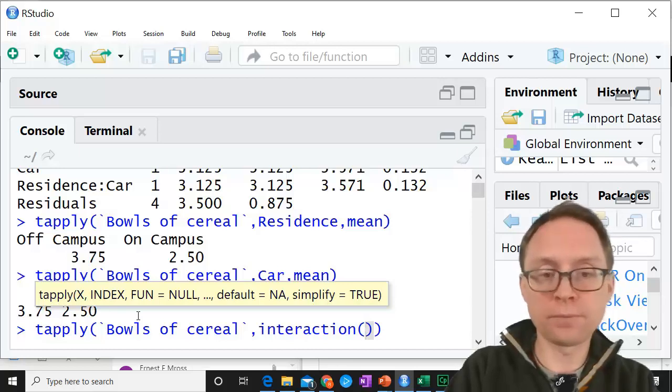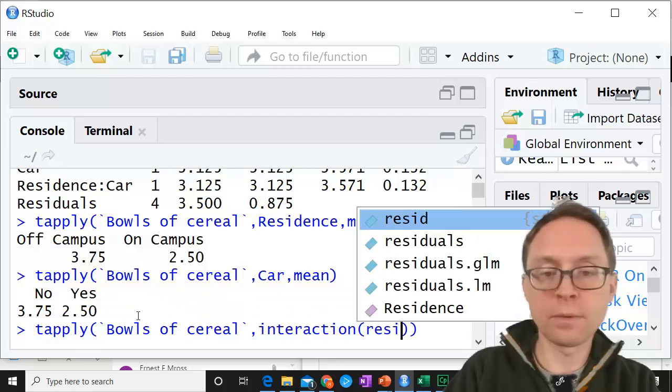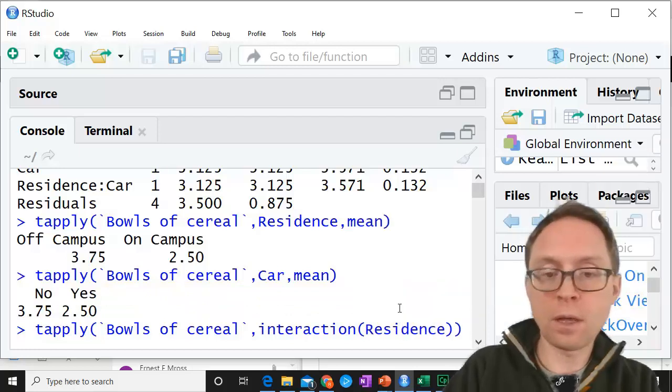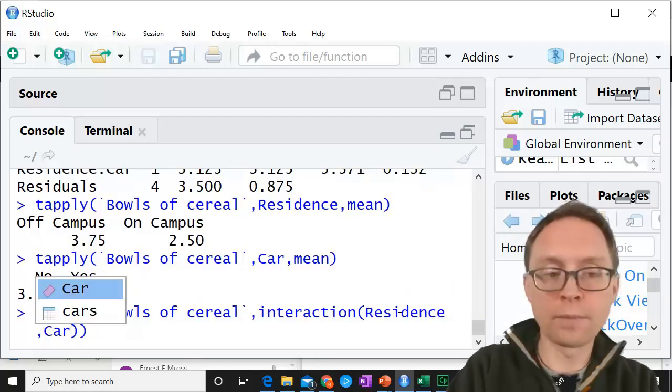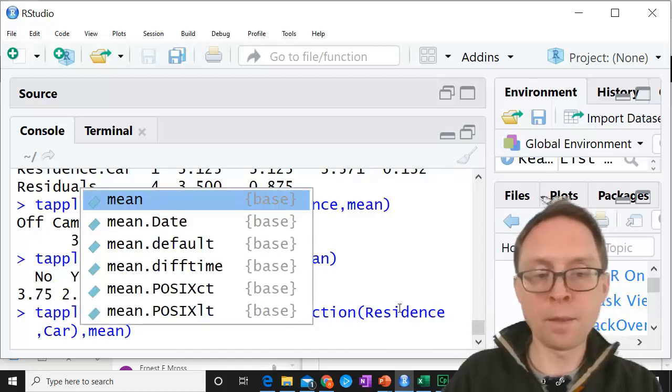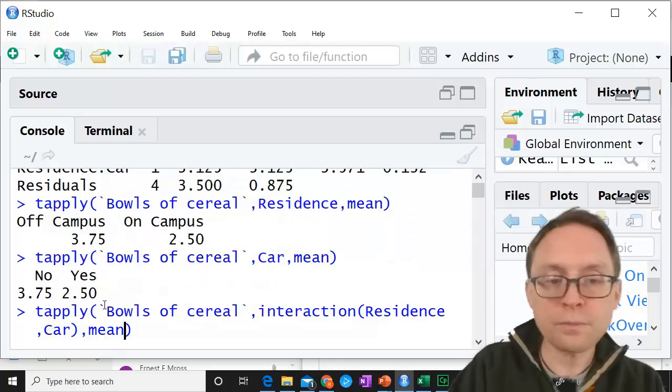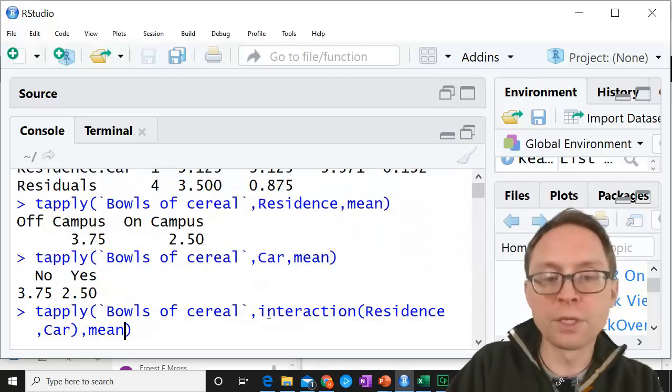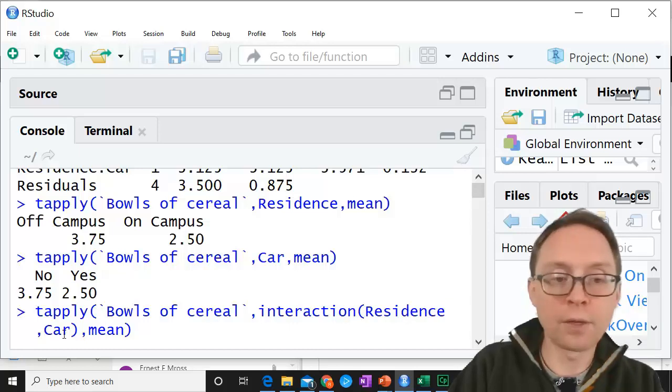They are residence, comma, car. And then we tell it, I want the mean. So the dependent variable first, and then you say interaction, and in parentheses, the two different variables that you want, residence and car, and then you need to tell it the mean like you always do.